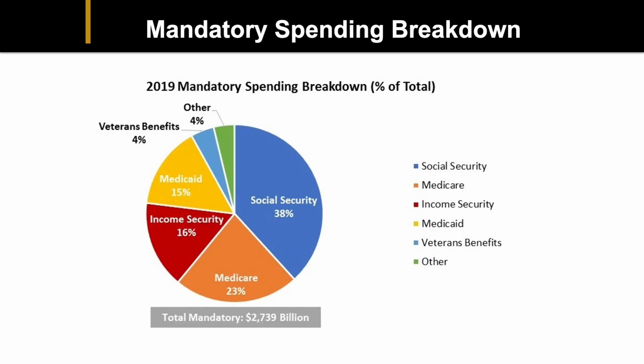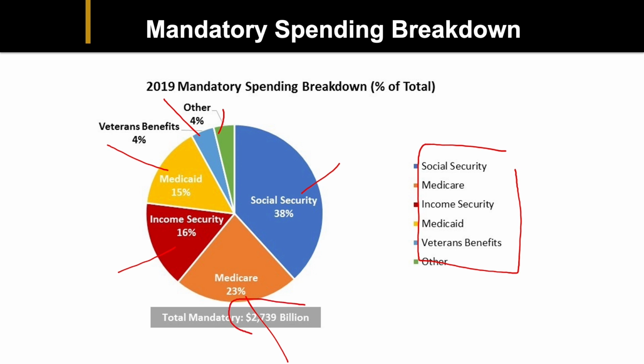Here's a breakdown of mandatory spending. 38% on Social Security, 23% on Medicare, 16% on income security, Medicaid, veterans benefits, other things. Here are the major categories. And in 2019, the year before the pandemic, mandatory spending was $2.7 trillion.